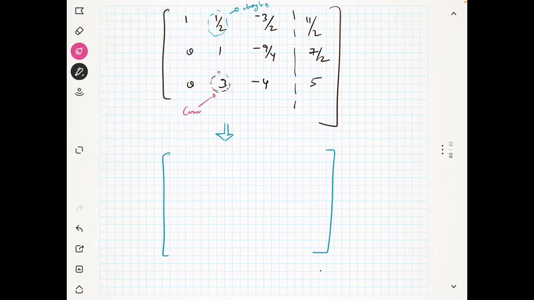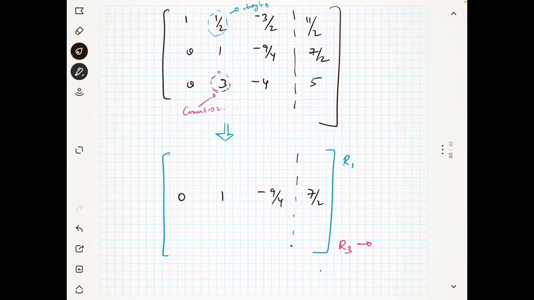So I need two operations, one on row 1, one on row 3, and there is no change for row 2. Row 2 I am not going to change, so I will write it first. Okay, and this is 7 by 2.